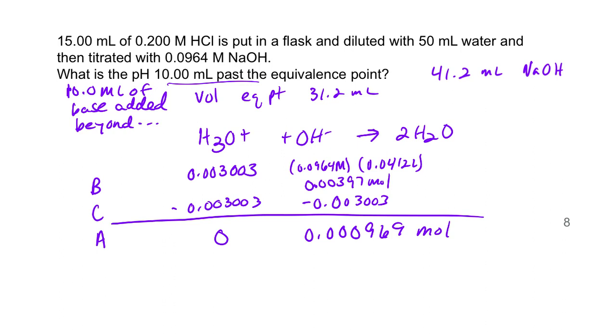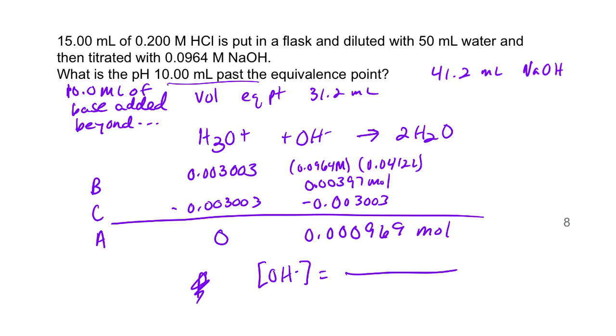And so we mentioned last time, when we were looking at our titration curve, that the pH past the equivalence point is only dependent on the moles of excess hydroxide. So we need a concentration of hydroxide, and then we can find pOH and then pH, using that conversion again.